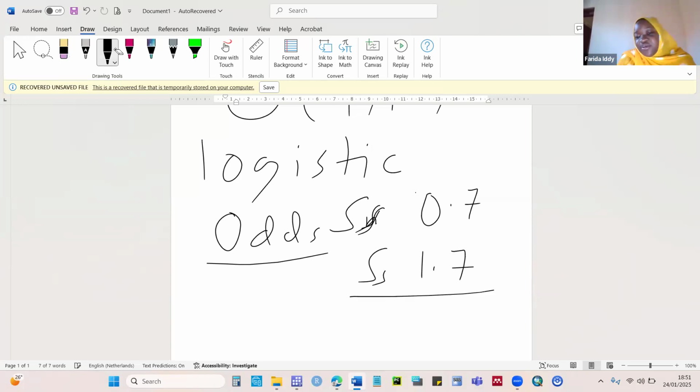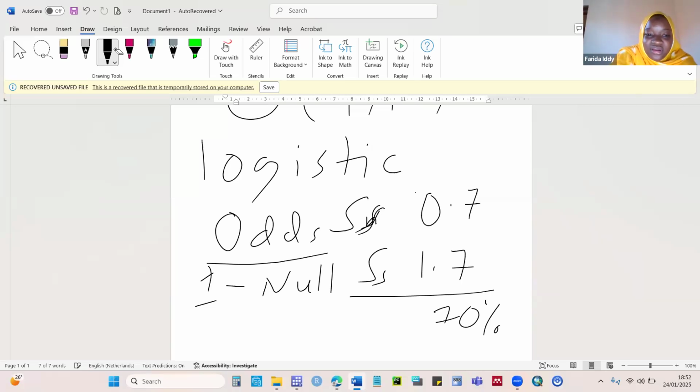Then in interpretation, we can say that those who smoke have a 70% higher chance of getting the disease. Why 70%? Because 1 is our null value. Null means there is no association. So greater than 1 means it increases, and less than 1 means it is decreasing.